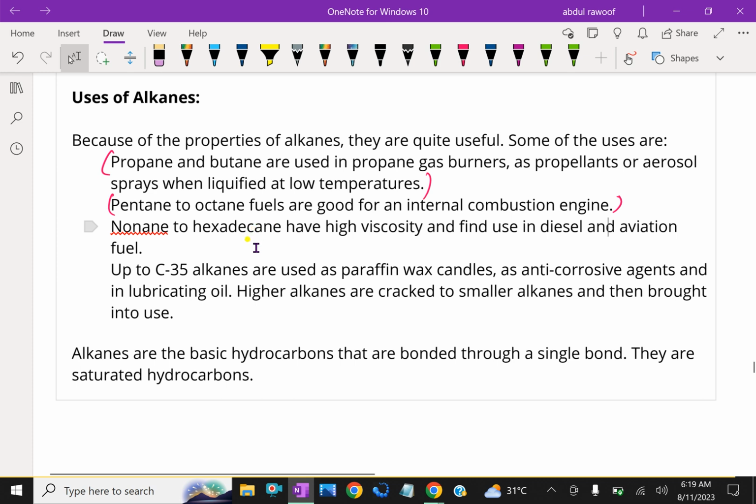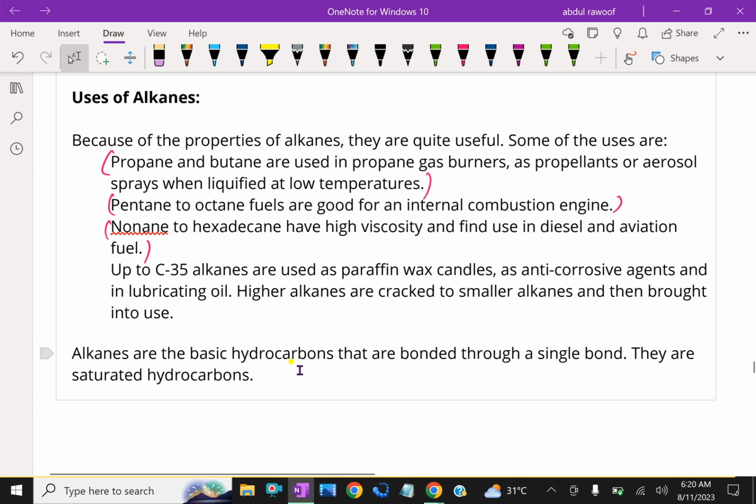Nonane to hexadecane have high viscosity and find use in diesel and aviation fuel. Up to C35 alkanes are used as paraffin wax candles, as anti-corrosive agents, and in lubricating oil. Higher alkanes are cracked to smaller alkanes and then brought into use.